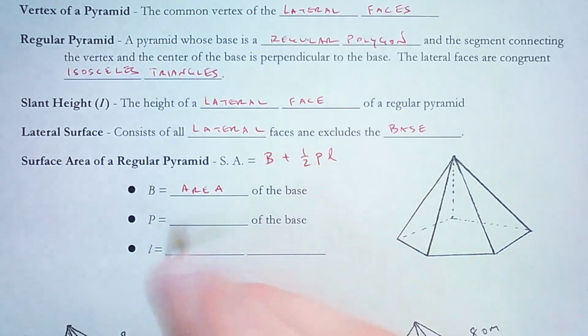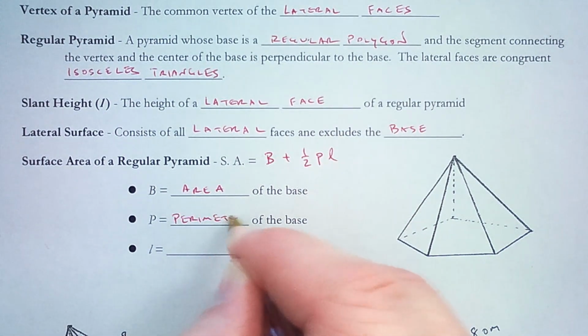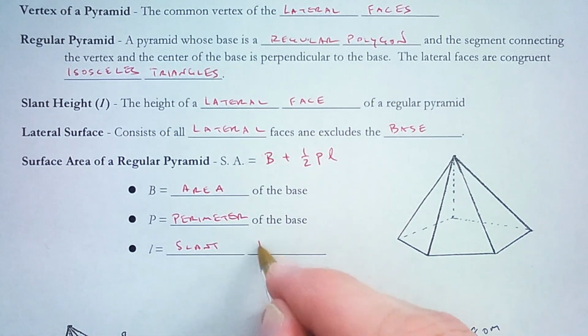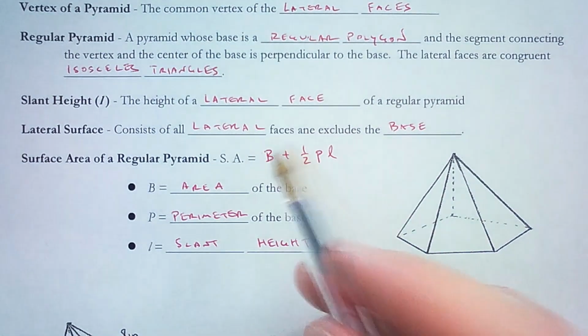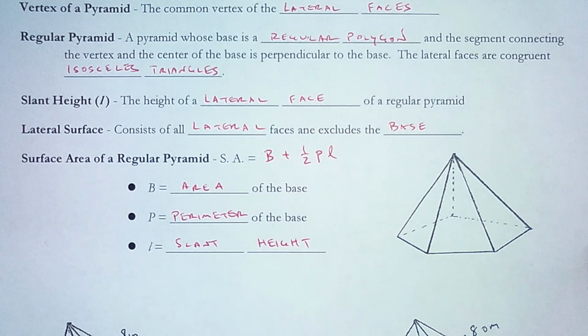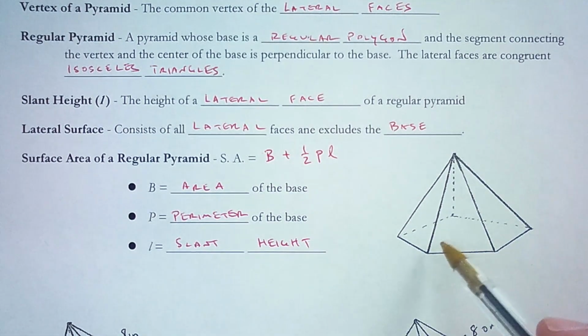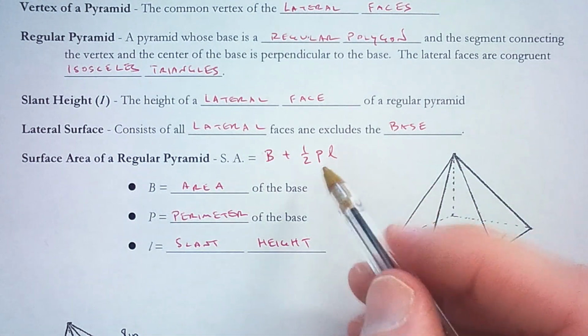Okay, so the P is for perimeter, and L is for slant height. Okay, so the capital B finds the area of the base. 1/2 times perimeter times slant height finds all the triangular faces all in one move.